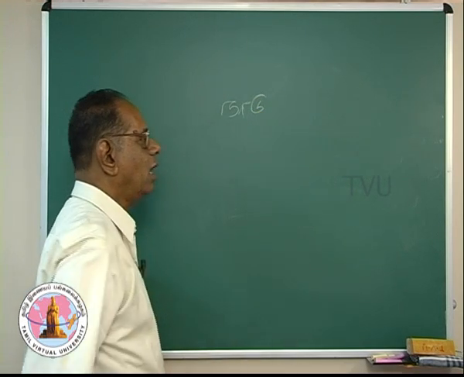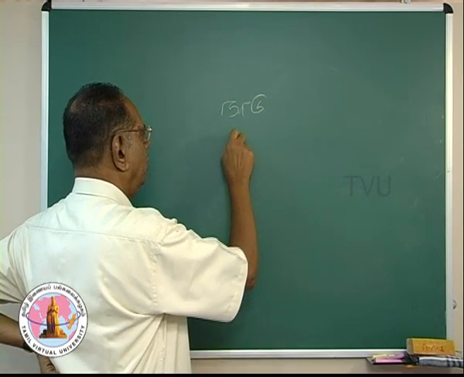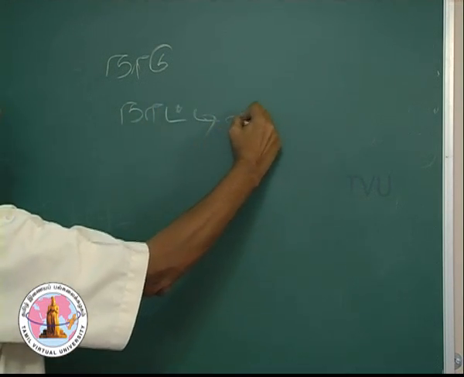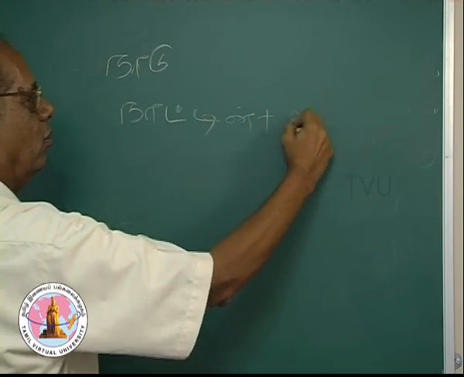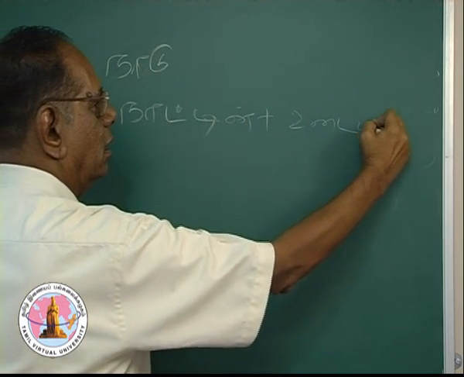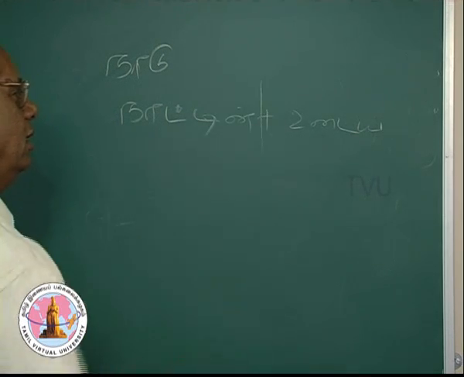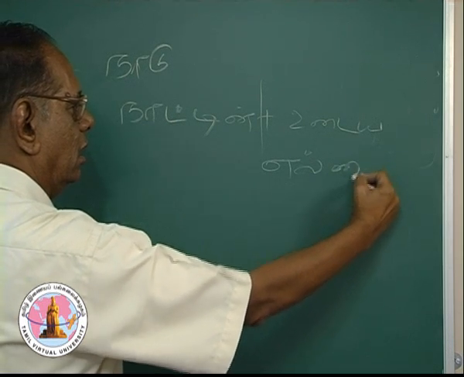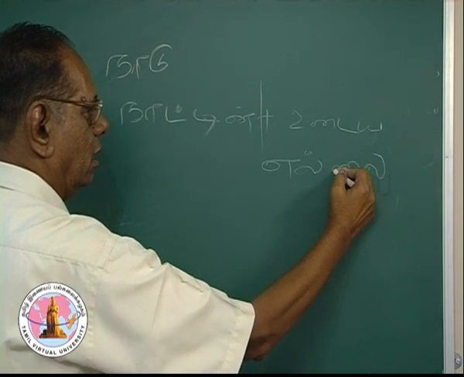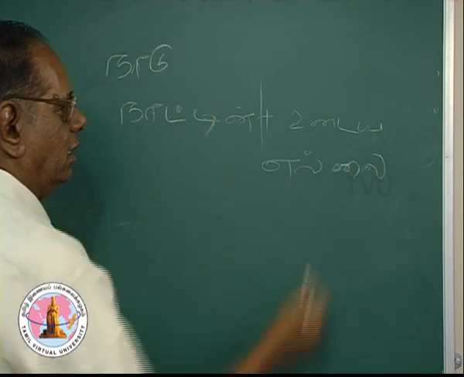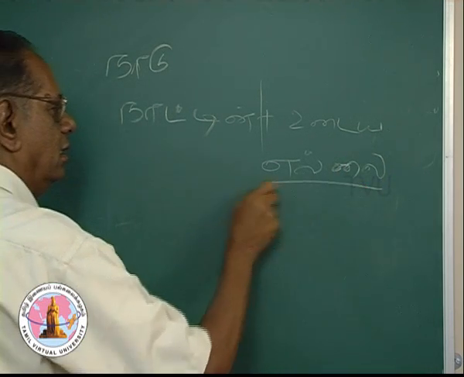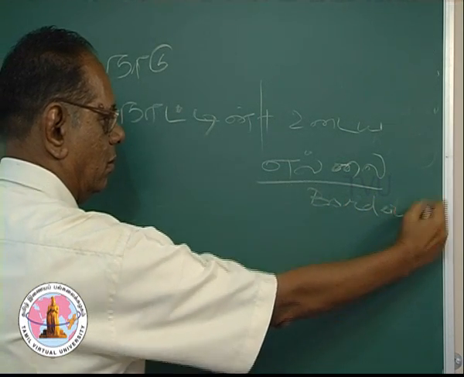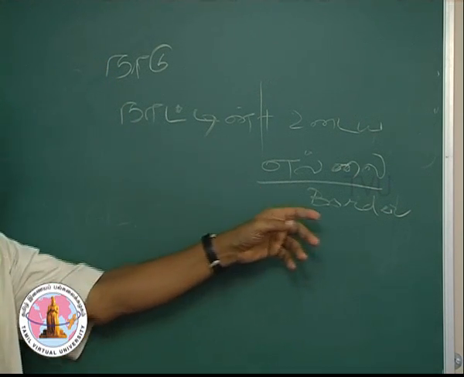Another example, நாடு. So this will become நாட்டின் plus உடைய. We retain this நாட்டின் and say நாட்டின் எல்லை. எல்லை is border. நாட்டின் எல்லை, border of the country.